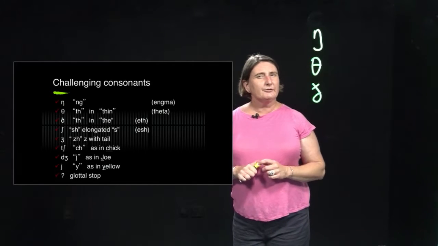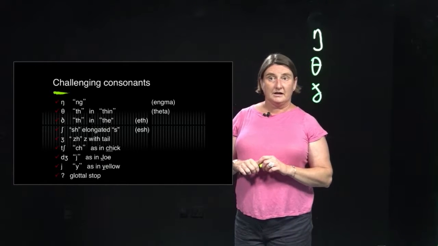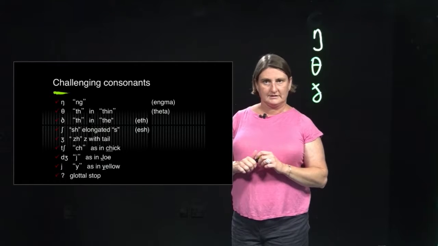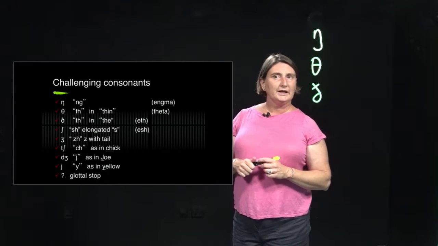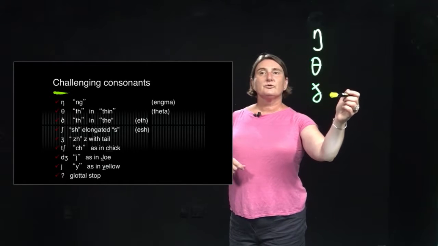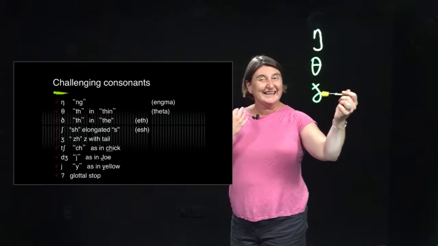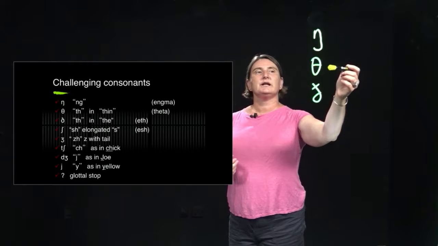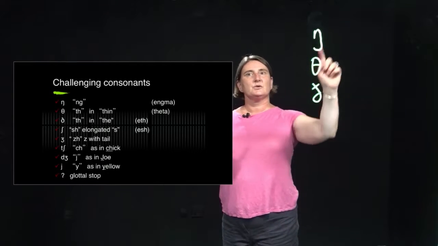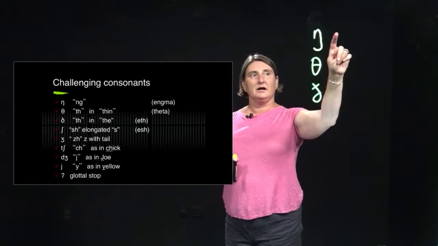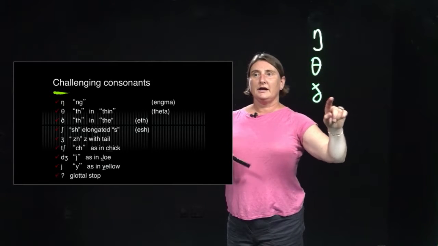So listen to the difference between thin and this. It's not a huge difference. The tongue's still in the same place, but for this one, it's more like a D, and this one is more like a T or an S. Okay, so we've got our engma, ng, theta, and eth.